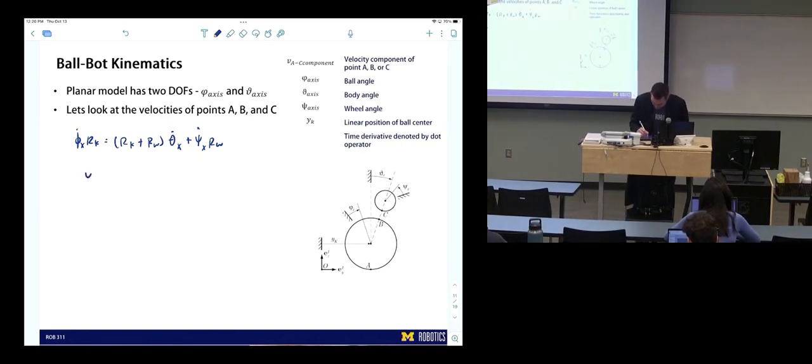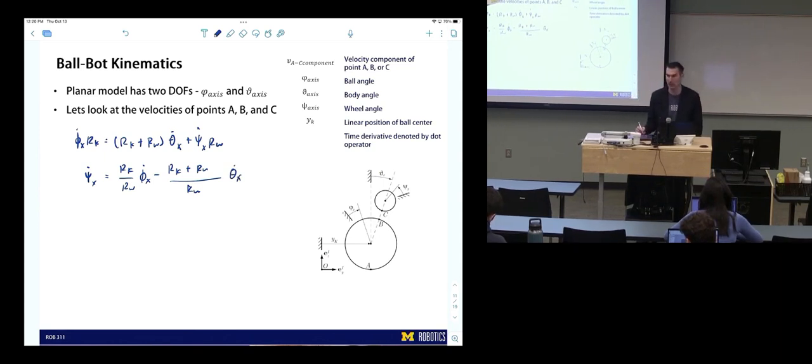We can rearrange it and solve for psi dot x, which is rk over rw, phi dot x minus rk plus rw over rw theta dot x.